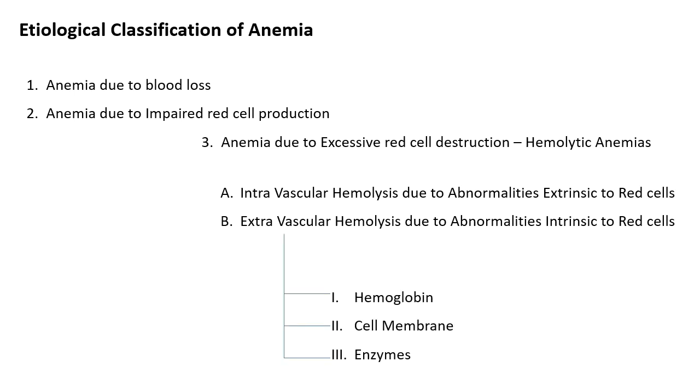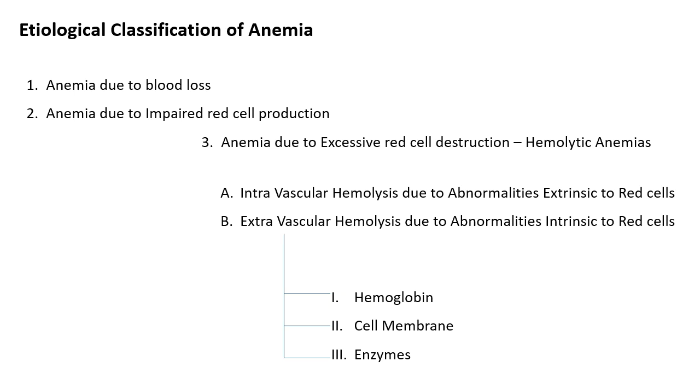Now what abnormalities can be present in the red cell? So the abnormalities may be related to hemoglobin, may be related to cell membrane, or may be related to enzyme. Cell membrane abnormalities are seen in hereditary spherocytosis or hereditary elliptocytosis, while G6PD or pyruvate kinase are enzymes, the deficiency of which causes hemolytic anemia.